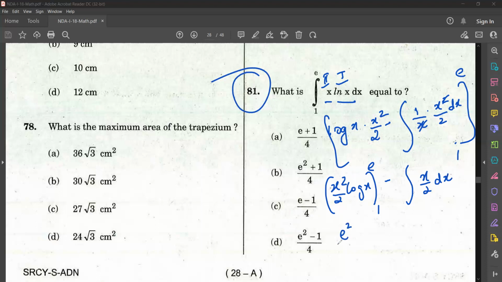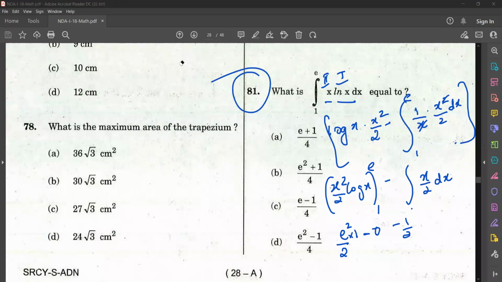So this is x square by 2 log e, log to the base e, what is log e? That is 1, minus 1 by 2 log 1, that is 0, minus here I have 1 by 2. Integration is from 1 to e.